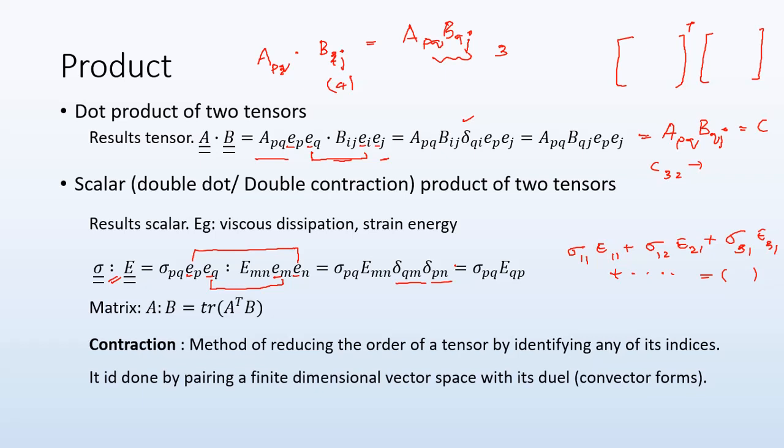By making any two of the indices similar, which we actually do using the dual space, that is, we use the covector formation of the dual space, and we can reduce the number of base indices which is needed to represent a tensor.